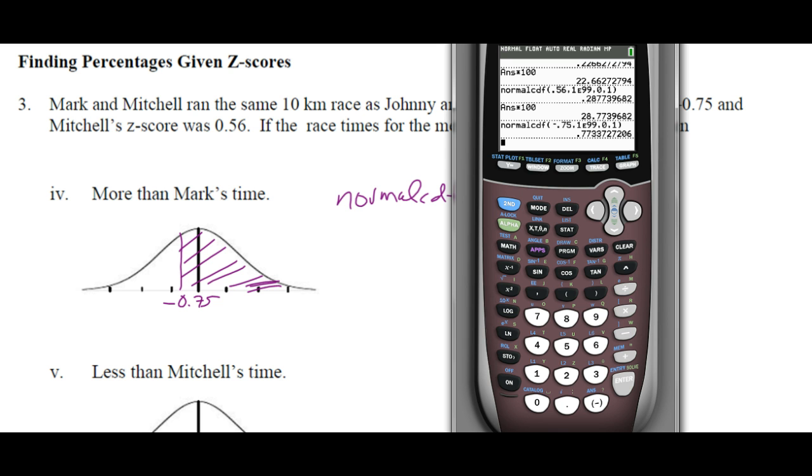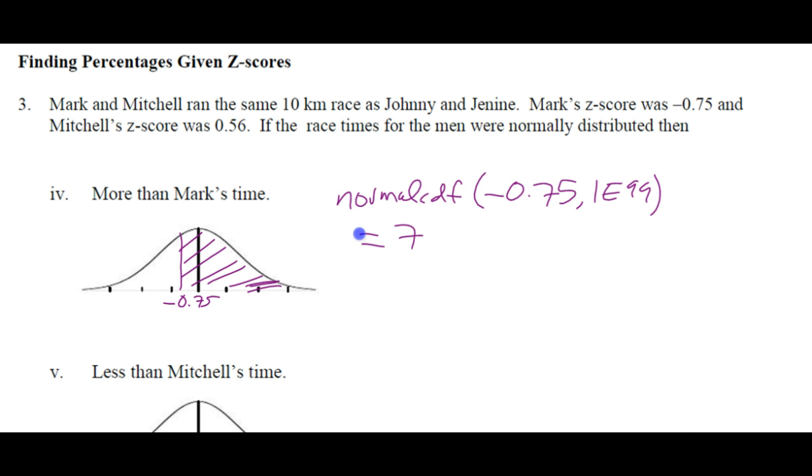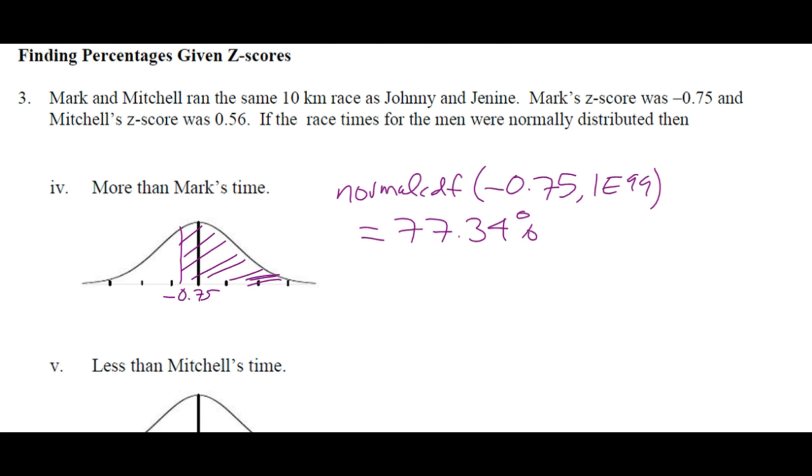And we get 77.34%. Less than Mitchell's time. Mitchell had a 0.56. Less than Mitchell's time, and we're going down.